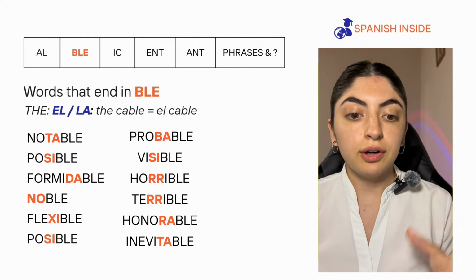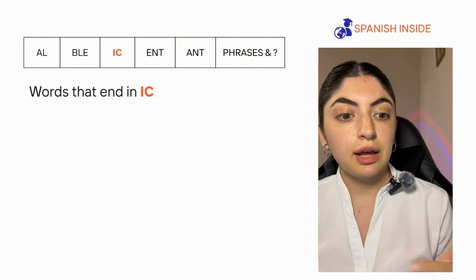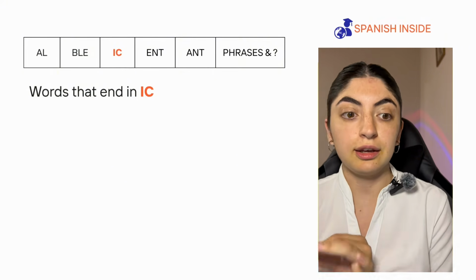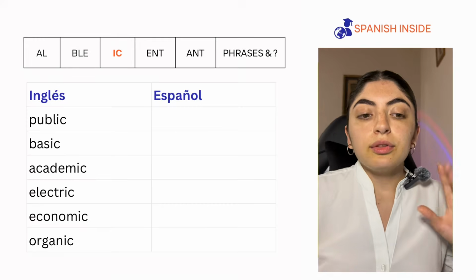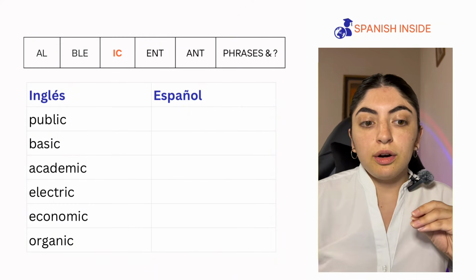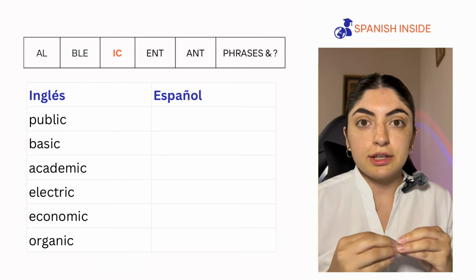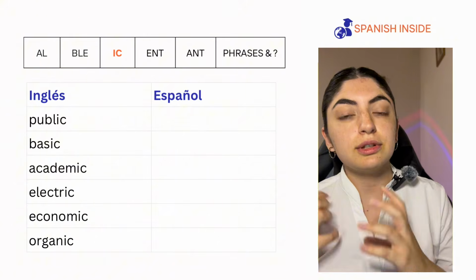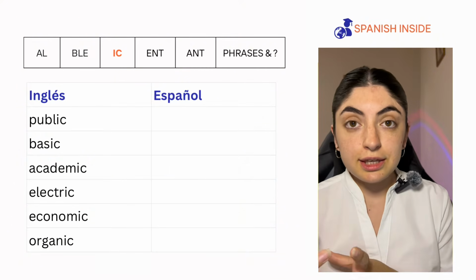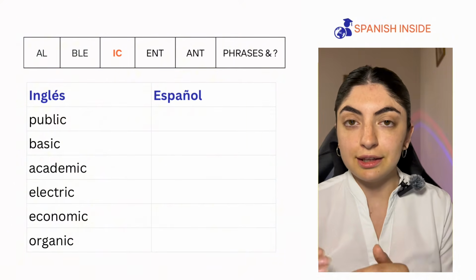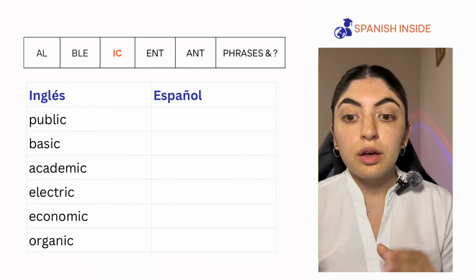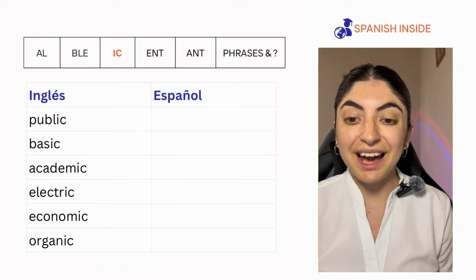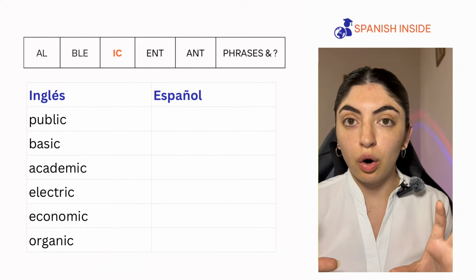So, okay, very good. Let's move on here with ik, words that end in ik. Now, this pattern is where actually starts this thing about transforming English words into Spanish words. In this case, the words that end in ik, you will transform into Spanish words simply by adding an o.